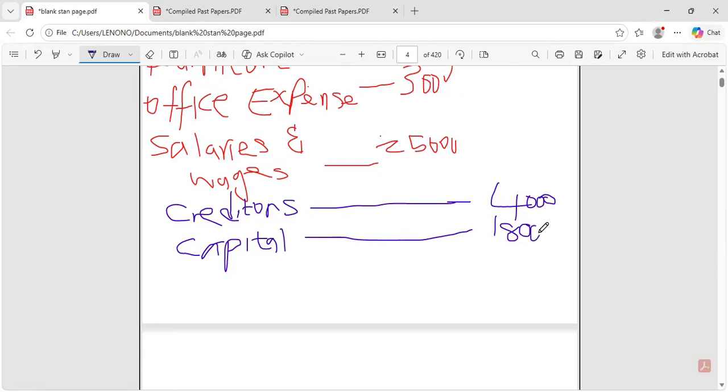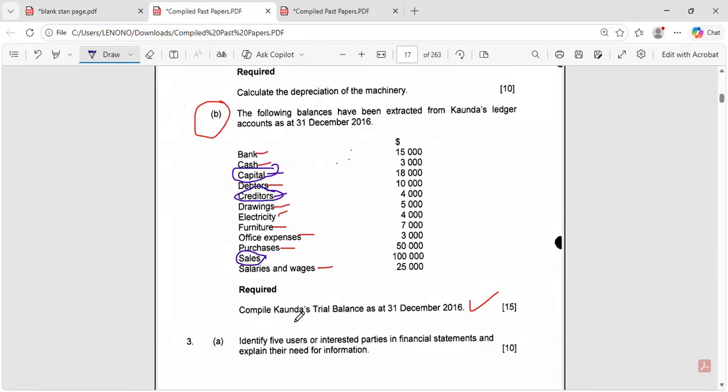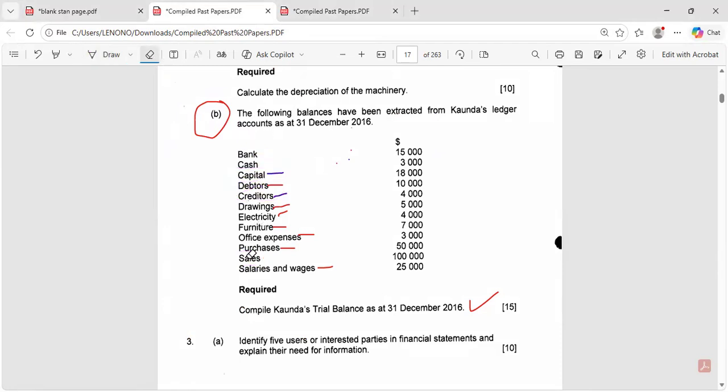So these figures, where am I getting them from? Here. You understand what I mean? Is that clear?